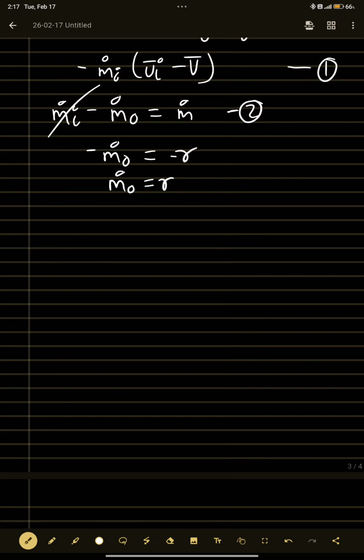But when you look at this equation, like I have said, which part is 0? Mi is 0. M dot O is R. And you know that this is VR. So U naught minus V is actually VR, and as per the coordinate system chosen, it should be minus VR j.